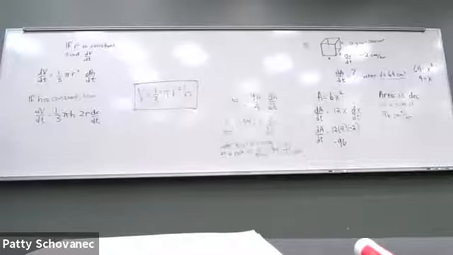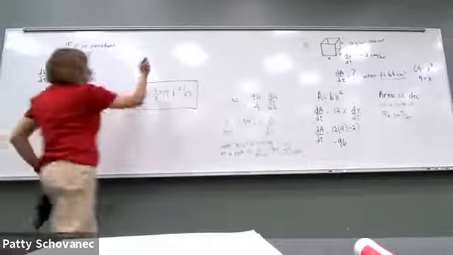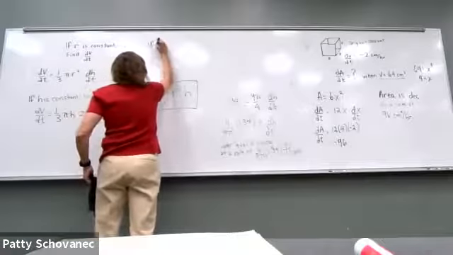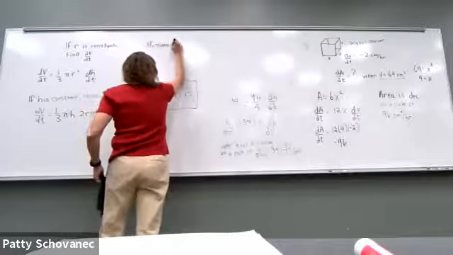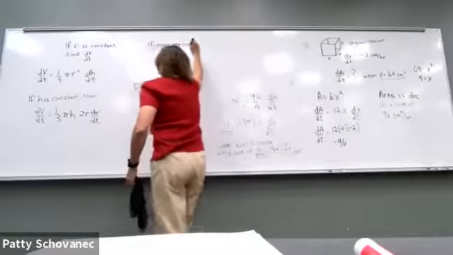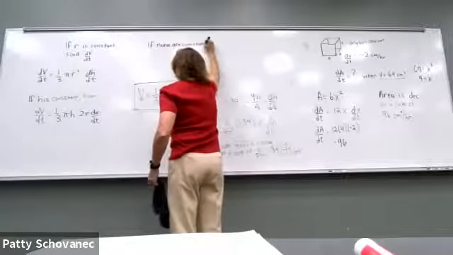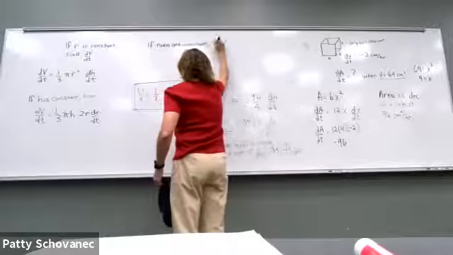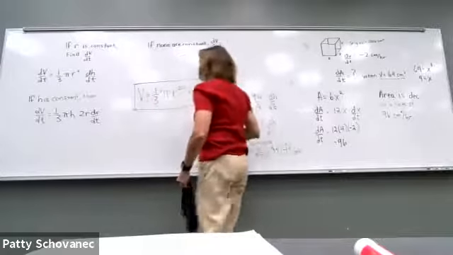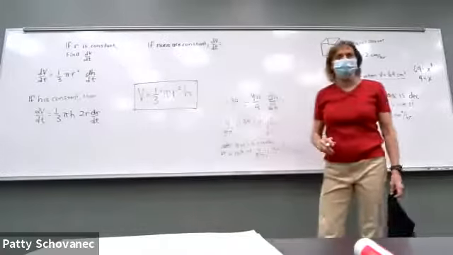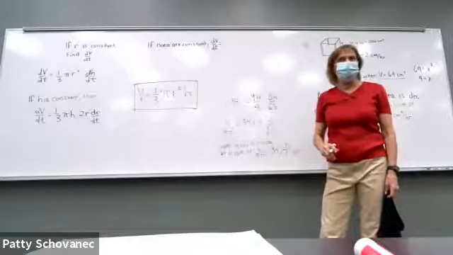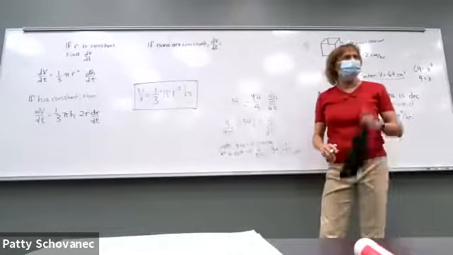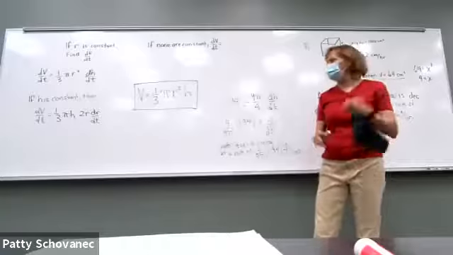What if neither is constant? They're all changing with respect to time. Like a normal derivative, what would be normal in this case?